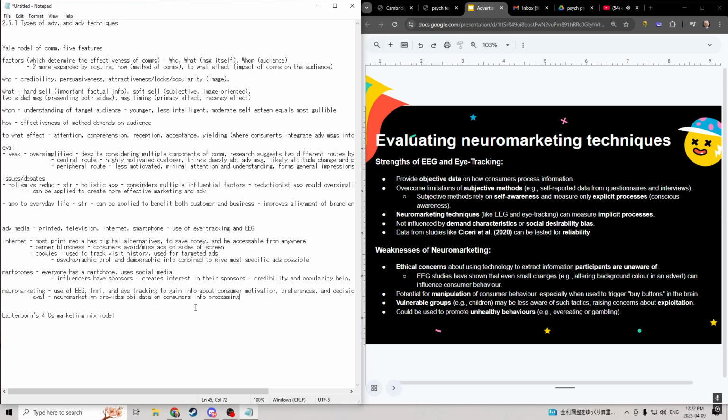Overcomes limitations of subjective methods, which may rely on self-awareness and measure only explicit processes, consciousness, awareness.